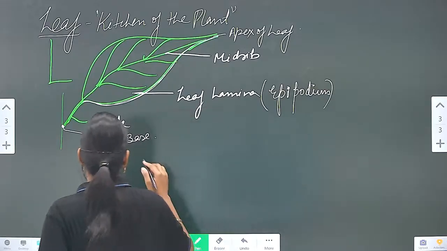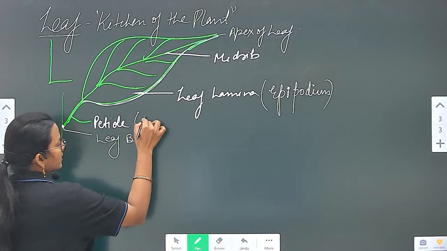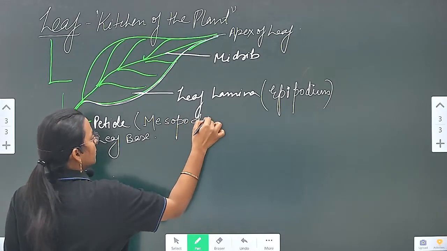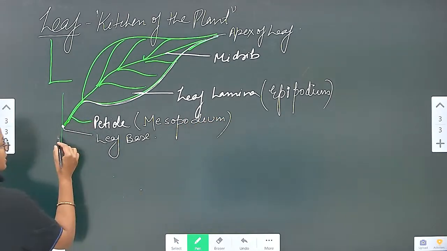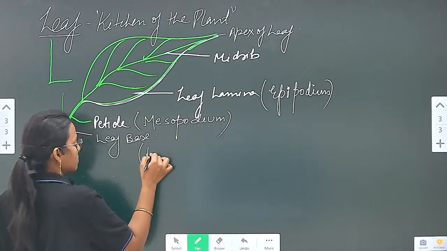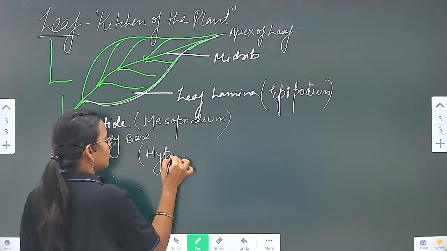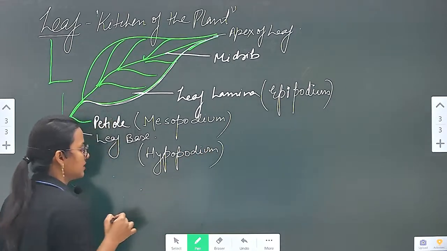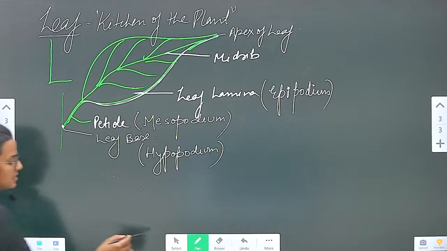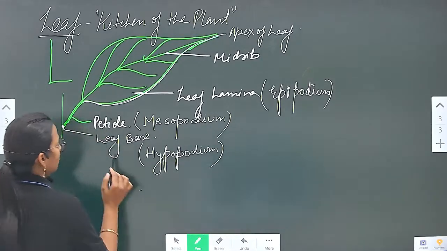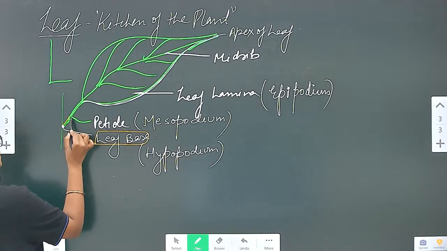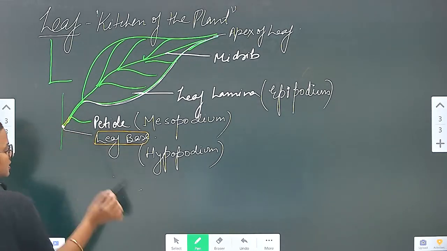The leaf petiole is called the mesopodium, and the leaf base is called what? Hypopodium. Very, very important. The leaf base is where the leaf gets attached to the main stem, right?